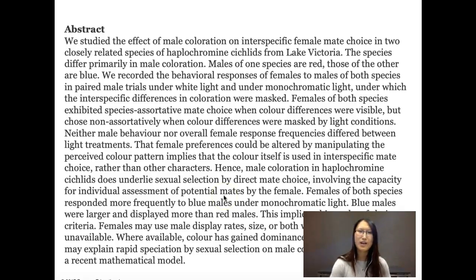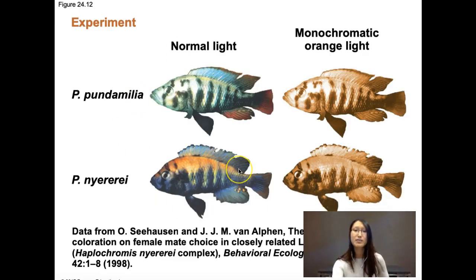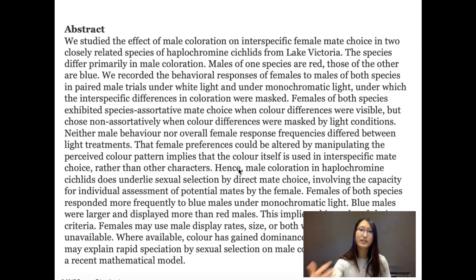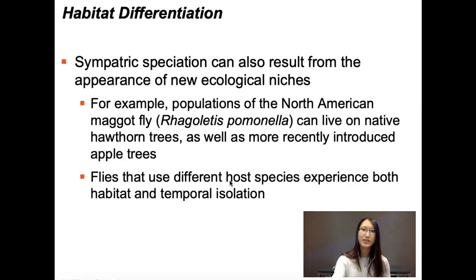Now here's an abstract that I would like you to read. We might read it in class some other day, but basically this is the abstract of this particular experiment. I think reading abstracts is helpful for your FRQ and multiple choice because a lot of the times the AP biology committee would look at a scientific paper and take out pieces of information to ask you a question. So we'll look at this some other time.